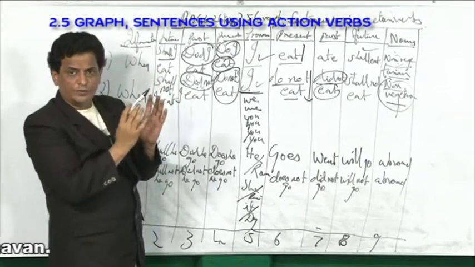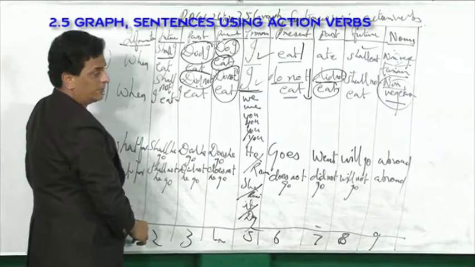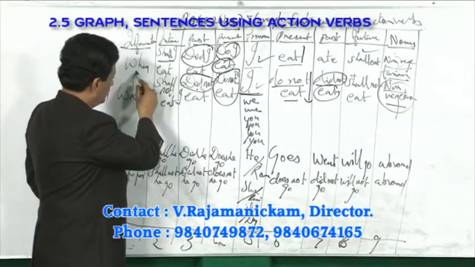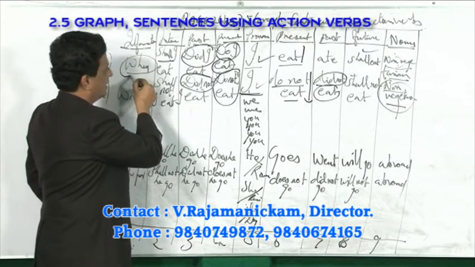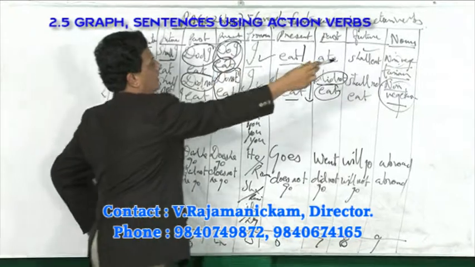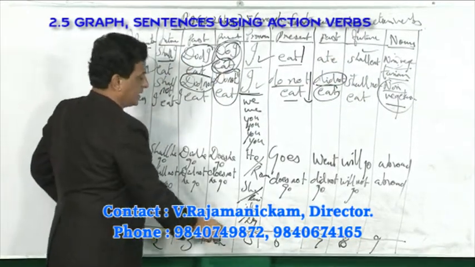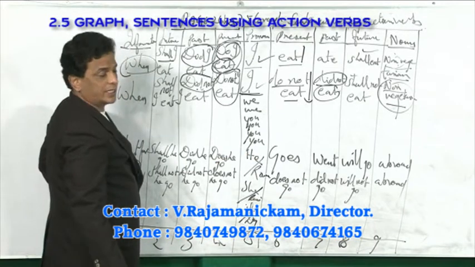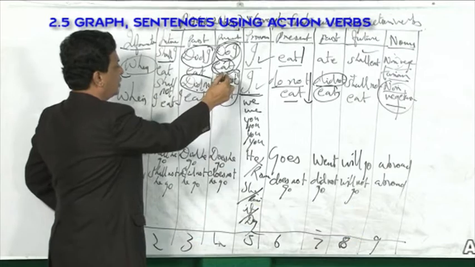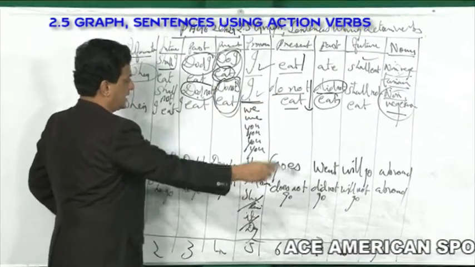Suppose you want to go in for information, you take the first column, the first row, 1 plus 4: when do I eat non-vegetarian? 1 plus 4 plus 9: when do I eat non-vegetarian? And for the negative question in information: when do not I eat non-vegetarian? 1 plus, once again, 4 plus 9.